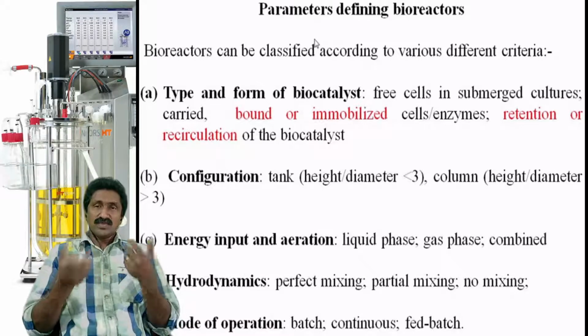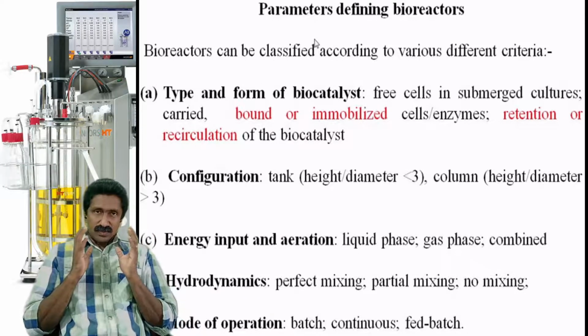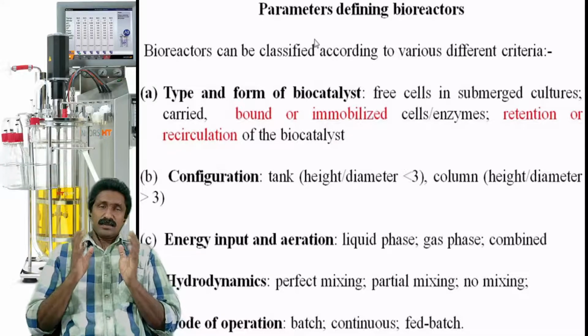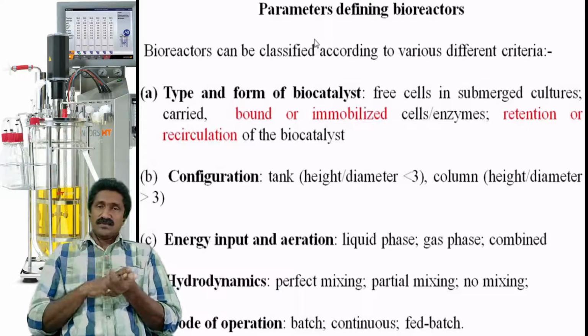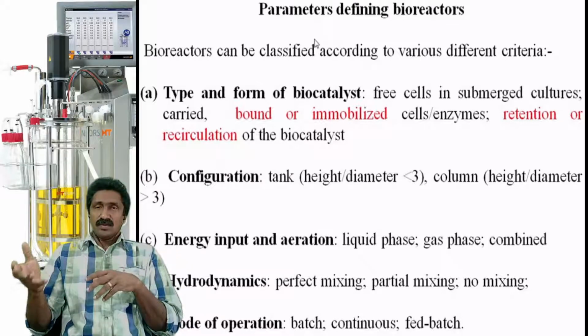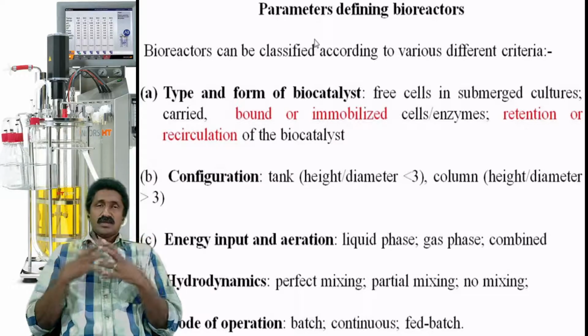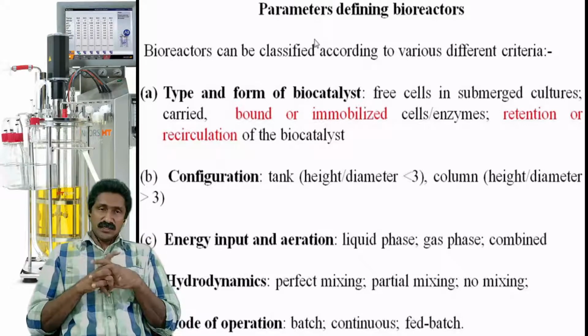So based on which cell type you are using, you require selecting the proper bioreactor and the method of fermentation. You have to select whether a submerged system or an immobilized system. Which one you need to use depends upon the cell type that you are using.